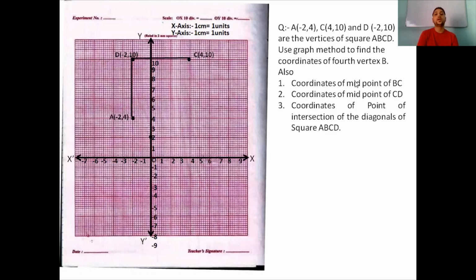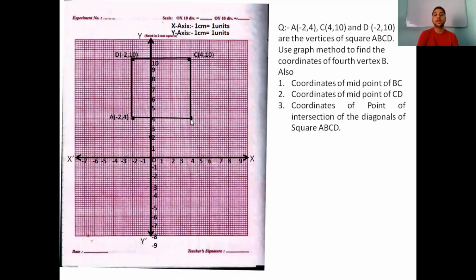Now we have to complete the square, so we draw two more lines, and these two lines meet at a point. We have to find the coordinates of this point. Since it is a square, each side will be equal, so we draw two more lines of equal length to complete our square.